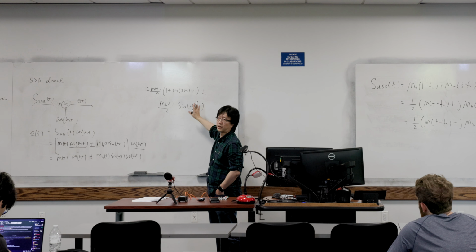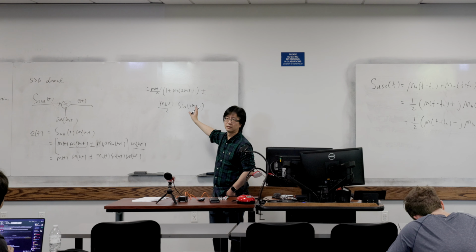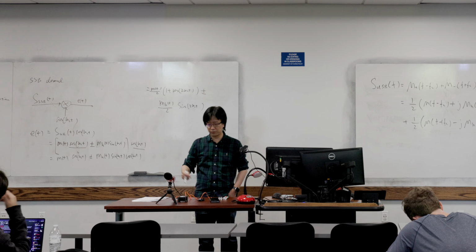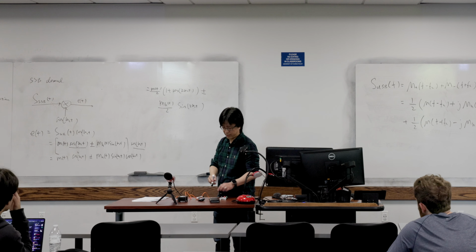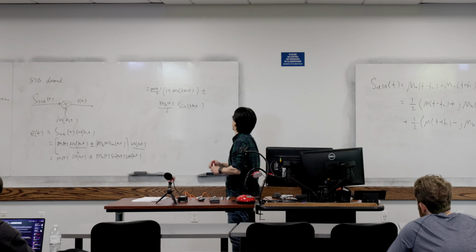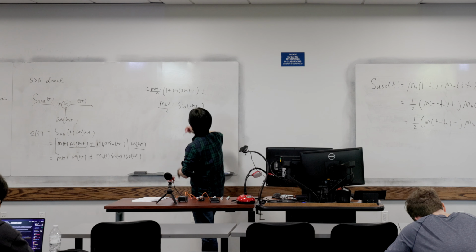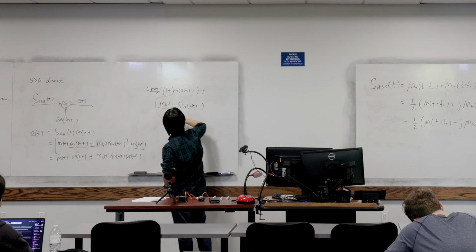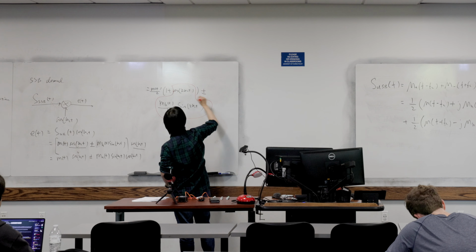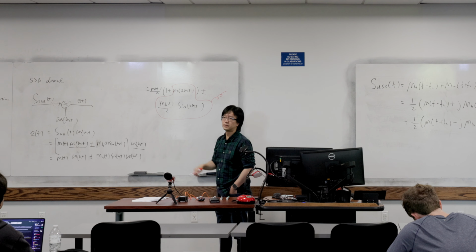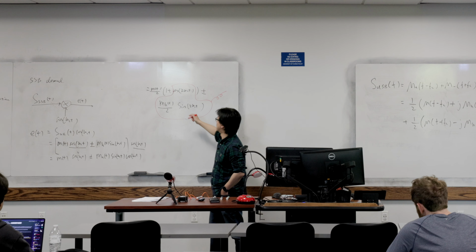Given this form, can we get m of t out? Yes, we can, just do a low-pass filter. By doing a low-pass filter, all the high-frequency components, at 2 omega c, will be gone, and then we can get this out.